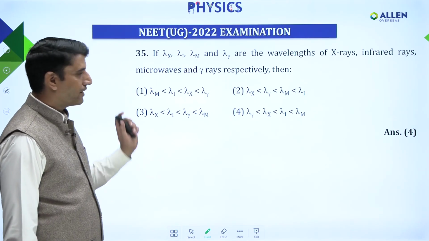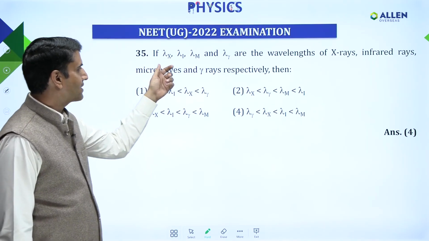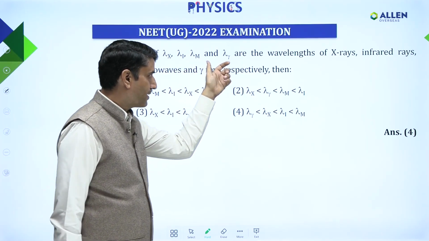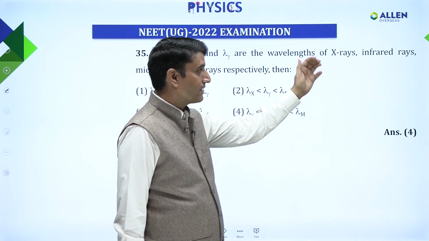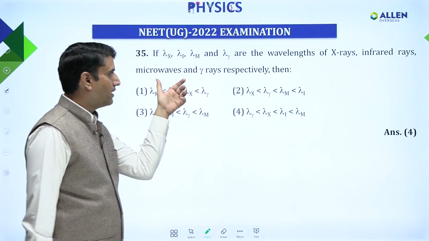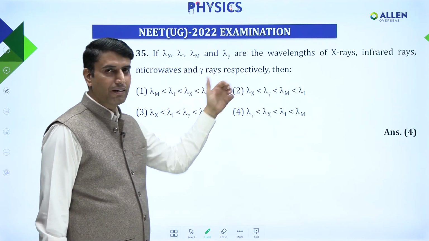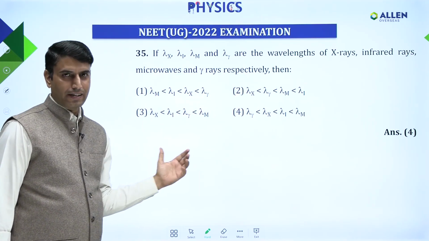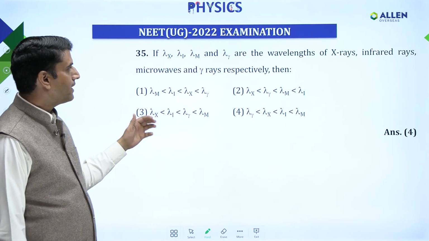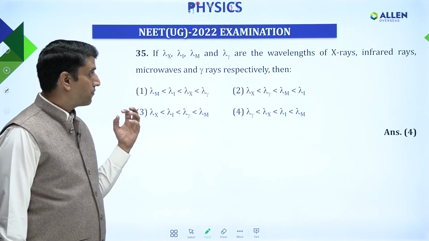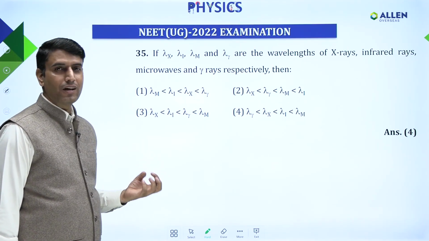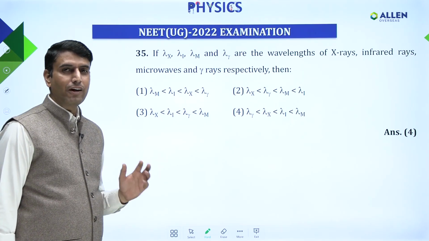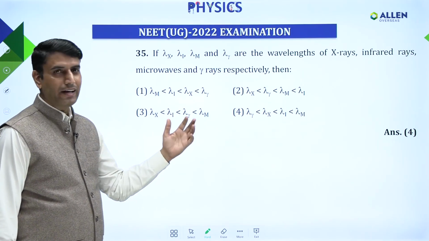Question number 35. If lambda x, lambda i, lambda m and lambda gamma are the wavelengths of X-rays, infrared rays, microwaves and gamma rays respectively, then which relation is correct? This is an informational question. So for this question, you should learn the wavelength ranges of different EM waves.